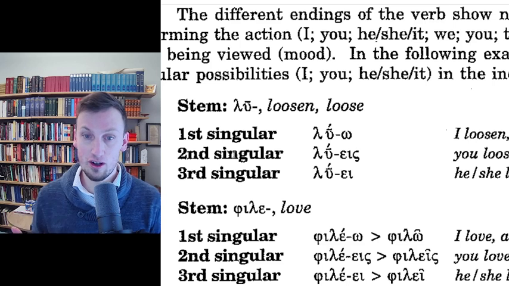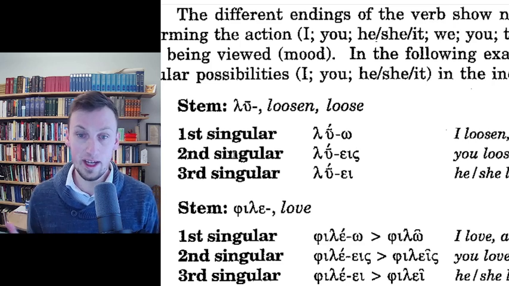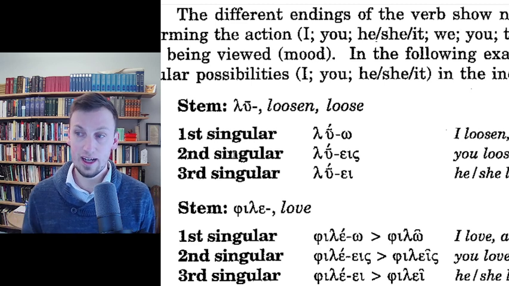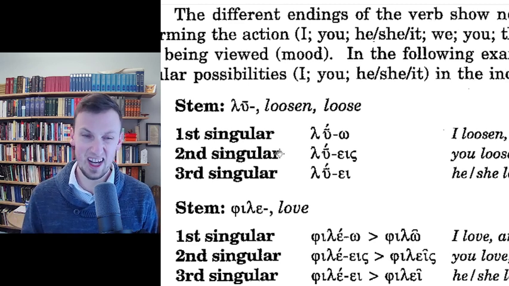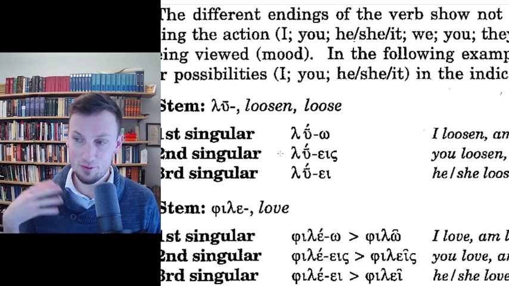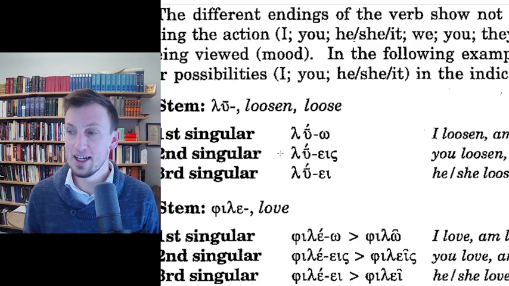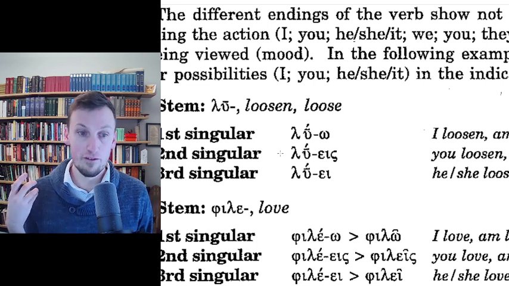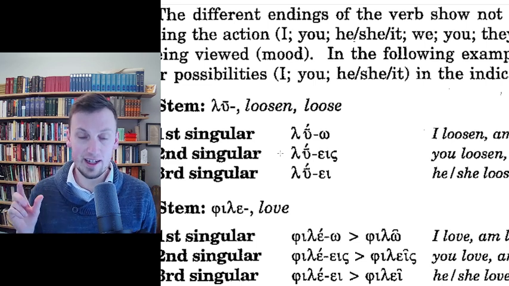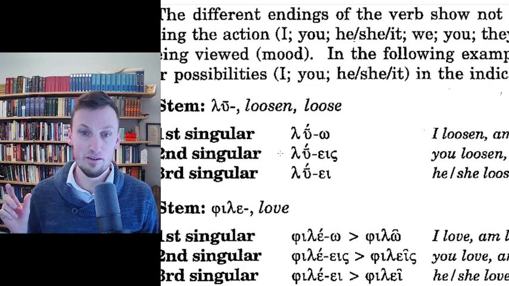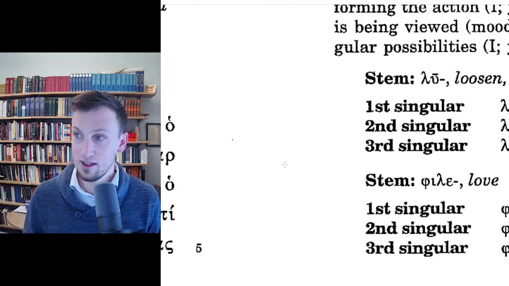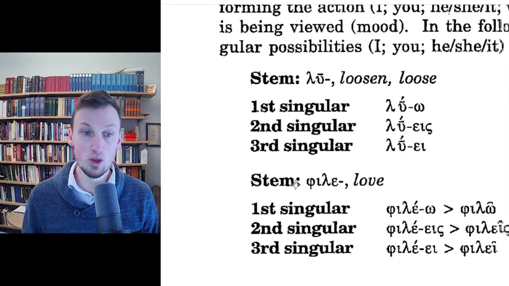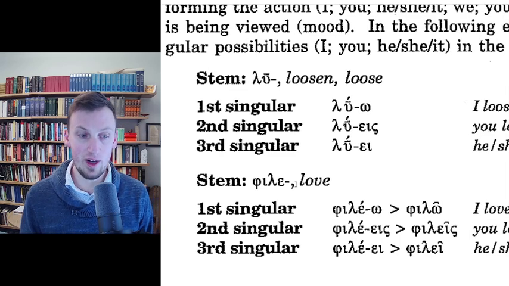Your forms here are luo, lueis, luei, so o, eis, ei are your endings for this kind of verb. This gets a little more complicated, but basically, o, eis, ei is your active indicative verbal endings. Indicative is what we call a mood.